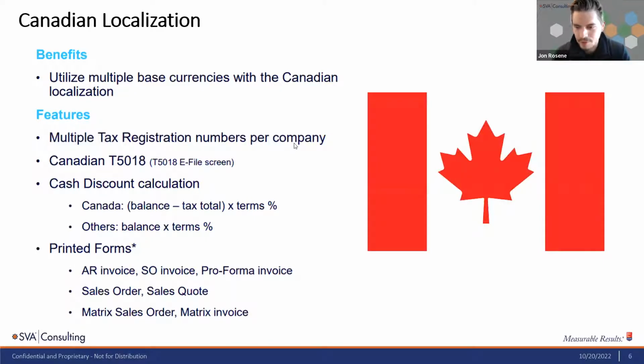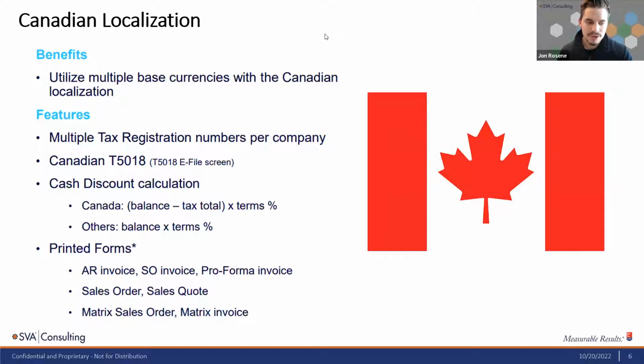Awesome. So looking at the first two items here, we're going to take a look at features that were primarily set at a tenant level within Acumatica that have now moved into a company basis. Starting here with the Canadian localization, that is one of them. Historically, we were able to enable that across a tenant, but now we're able to select a company within Acumatica that has that Canadian localization applied.